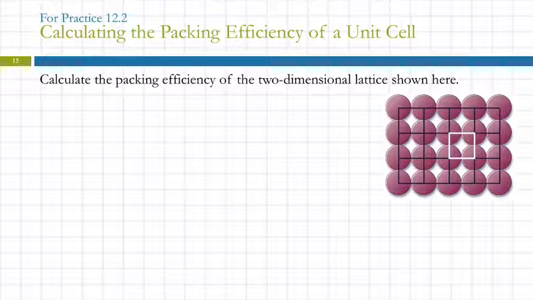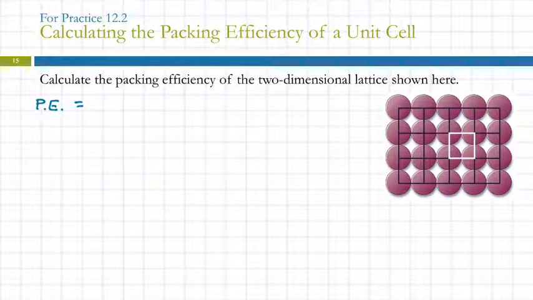So here we're going to look at packing efficiency in a 2-dimensional lattice. So this is asking us to calculate the packing efficiency of the 2-dimensional lattice shown here. And here we have in the white square, that is our unit cell. I'm going to abbreviate packing efficiency as PE.